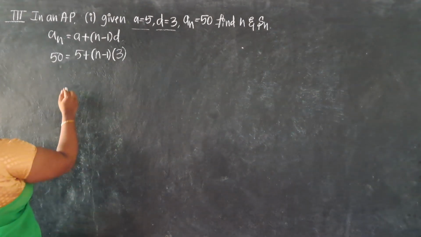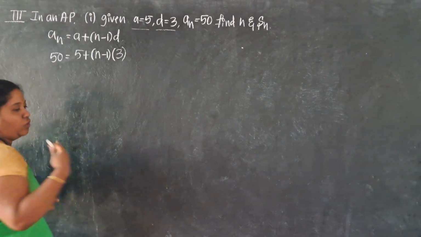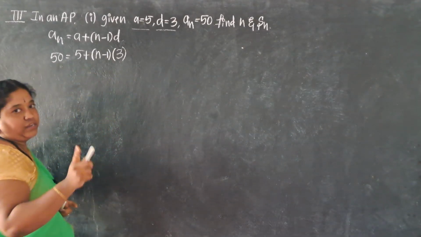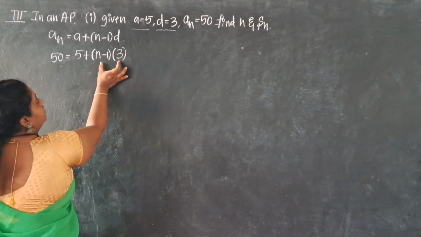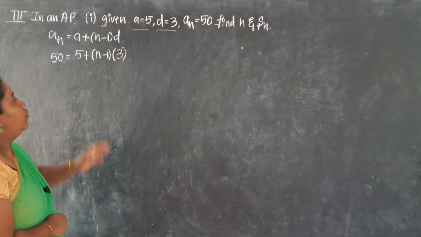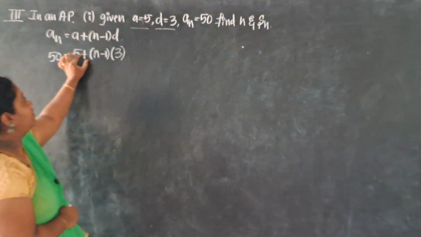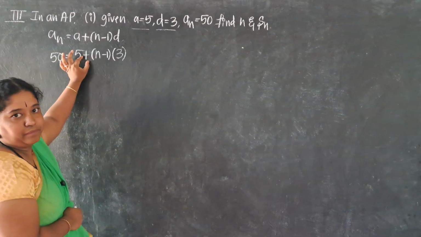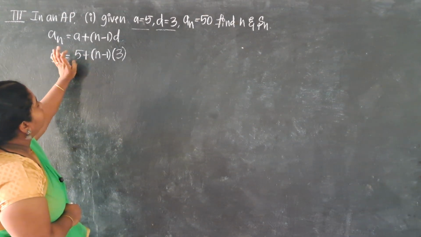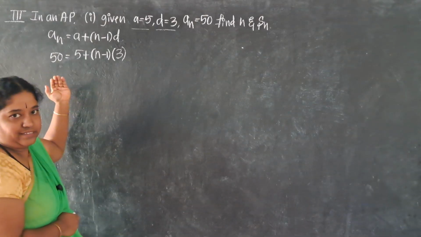Now simplify here. What you people usually do by mistake, you send this 3 to the other side. You cannot, dear. Between these two terms, there is a multiplication sign, and you cannot skip this number without simplifying. Always send positive or negative signed values to the next side.